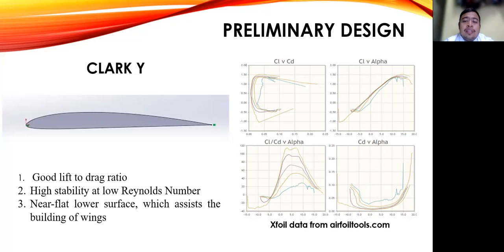For this project, the Clark Y was chosen as the airfoil because it has a lot of camber, which provides a good lift to drag ratio. In addition, Clark Y is generally known for its high stability at low Reynolds number. Furthermore, Clark Y is desirable because of its near flat lower surface, which assists the building of wings. The figure shows the Clark Y airfoil.